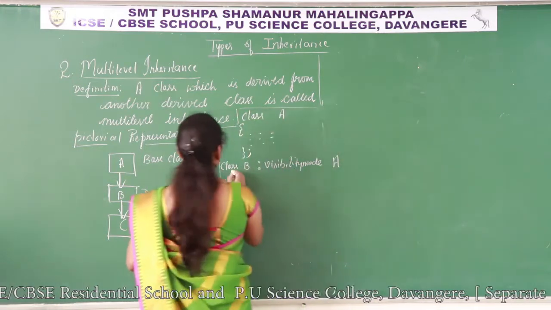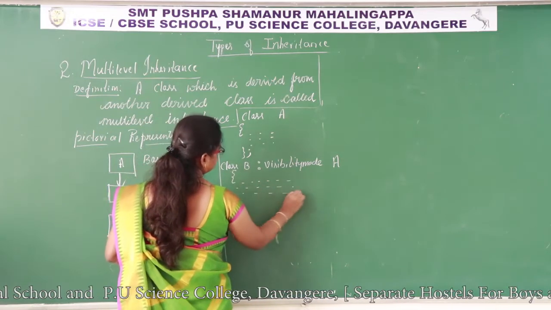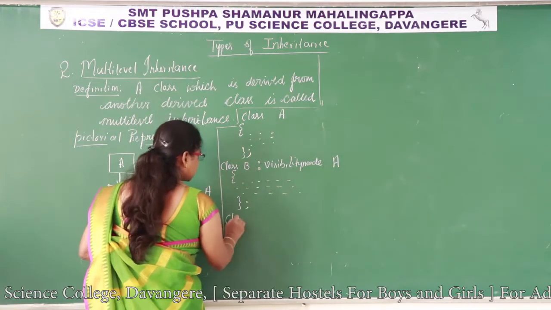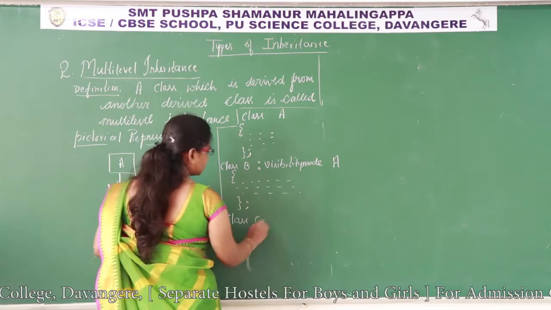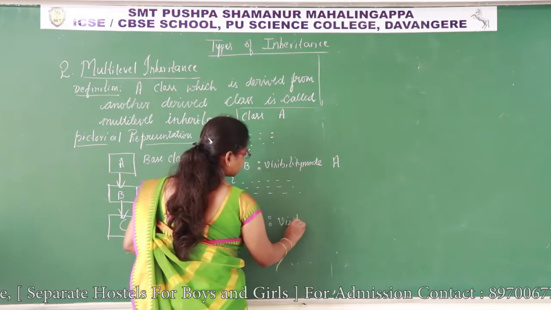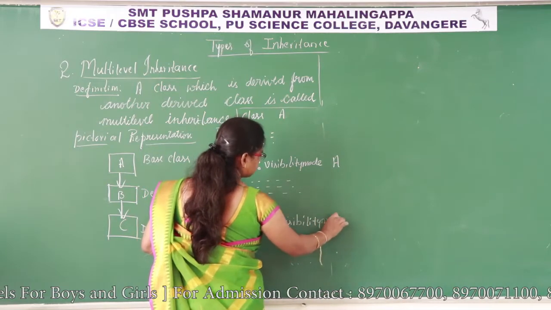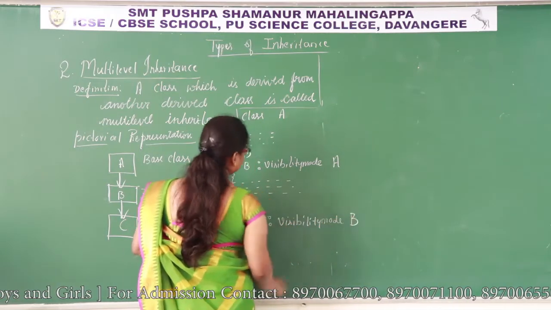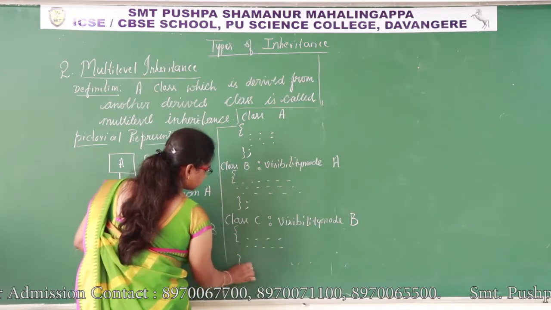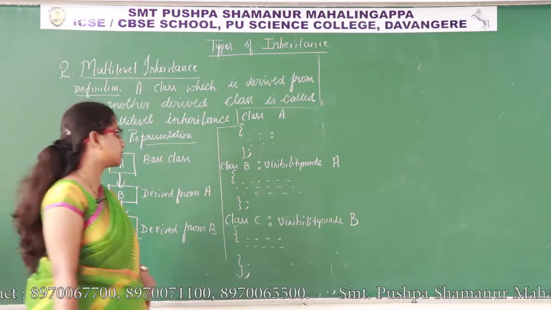A. Then semicolon. Then class C, colon, visibility mode, B. So this is the syntax for multi-level inheritance.